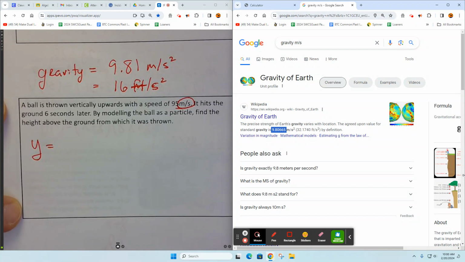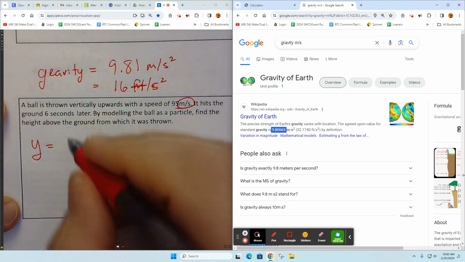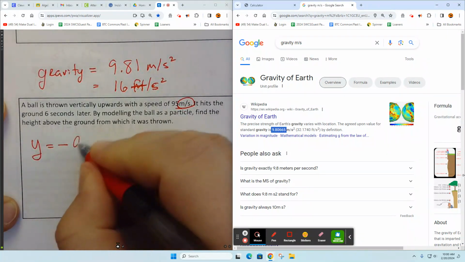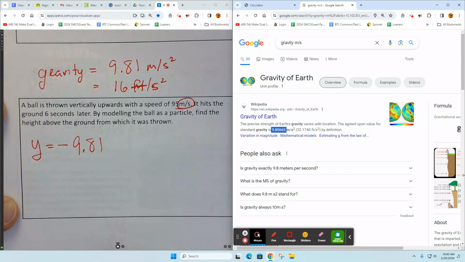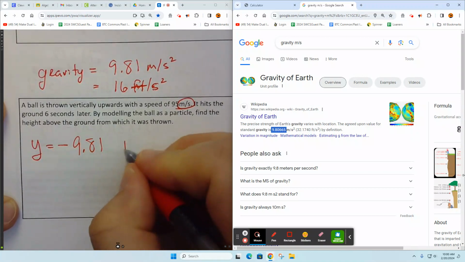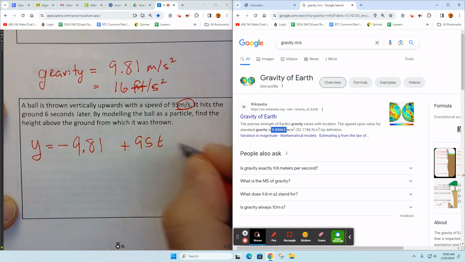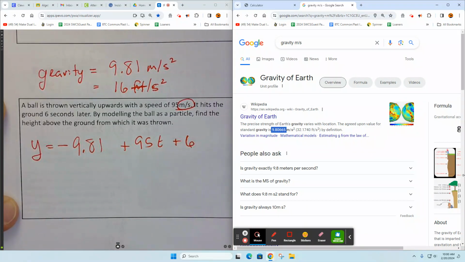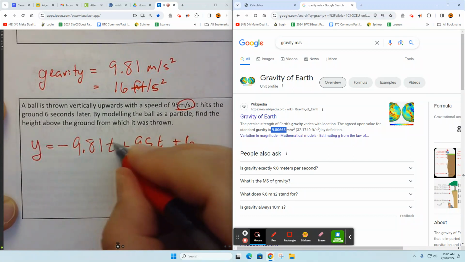If it's in meters per second, does the gravity still pull down? Yeah, negative 9.81 t squared plus 95 t plus 6. We missed one thing, the square. We've got to put a T there.